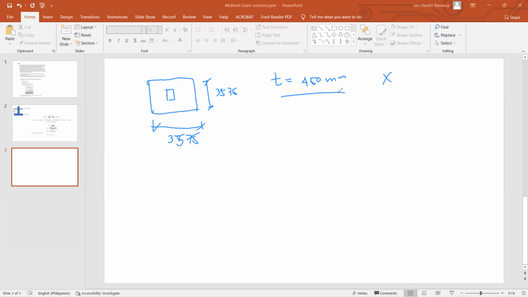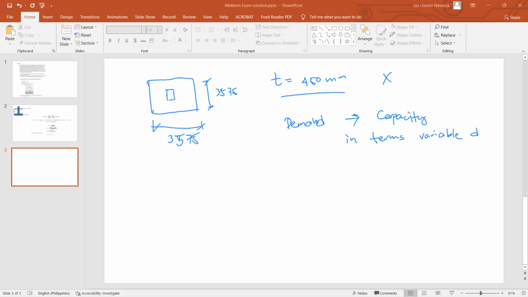Okay. So, kailangan natin gawin is magso-solve tayo ng D. So, just equate the demand equals to the capacity in terms of variable D. Ang masasolve mo dyan is ano ba value nito?